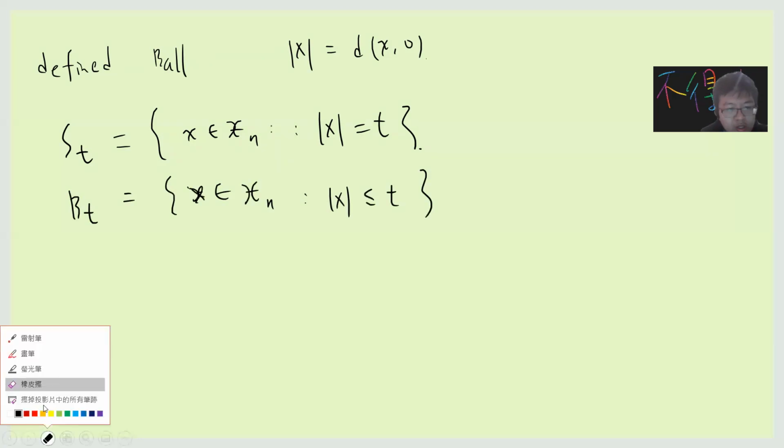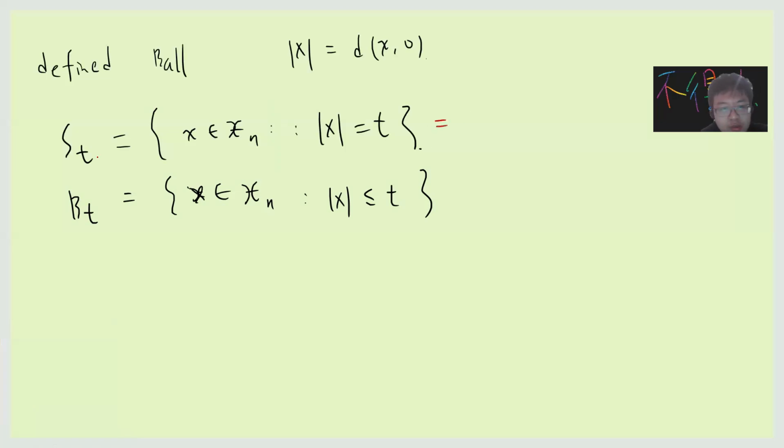Now we can count the cardinality of S(t). This is very simple, it's just n choose t, because you choose which t positions get the ones. And then the cardinality of B(t) is the summation of n choose i for i from 0 to t.